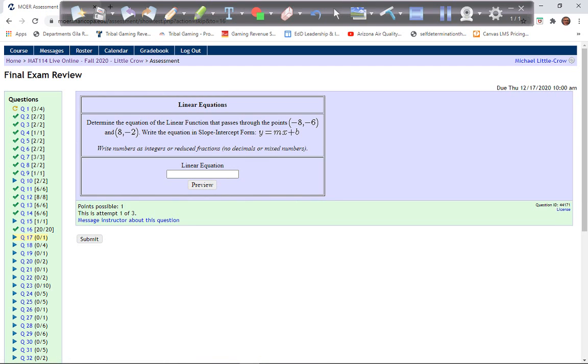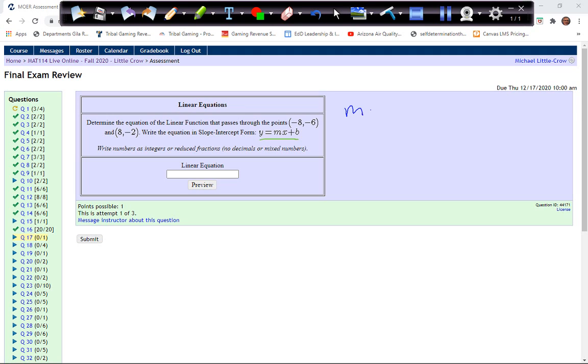So now we're given 2 points, and we want to get the equation of the line, y equals mx plus b. So one way we do this is we get the slope first. Remember the slope formula, y2 minus y1 over x2 minus x1. So we've got 1 point, we'll call that x1, y1.